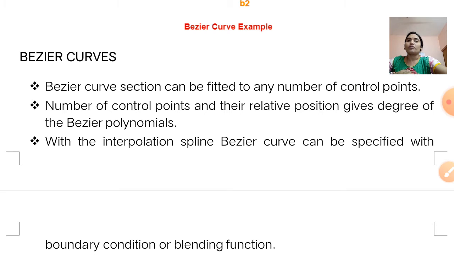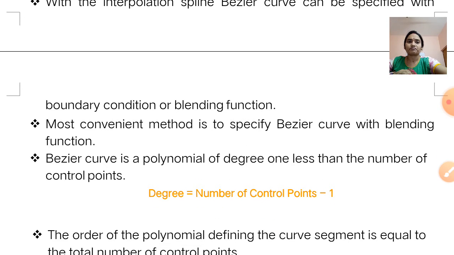The number of control points and their relative positions give the degree of the Bezier polynomial. Like an interpolation spline, a Bezier curve can be specified with boundary conditions or blending functions. The most convenient method is to specify it with blending functions.